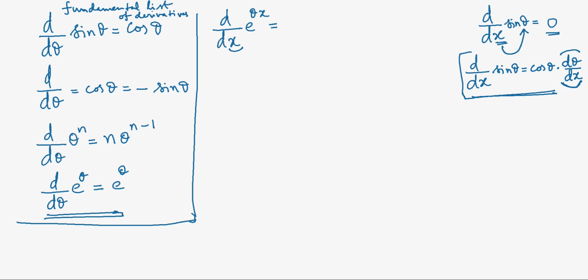That is, d by d theta of e power theta is e power theta. But in this example, we are differentiating with respect to x, and the argument to be differentiated is theta x. As long as there is an x in the argument, it is a function of our differentiating variable. Do you get that?